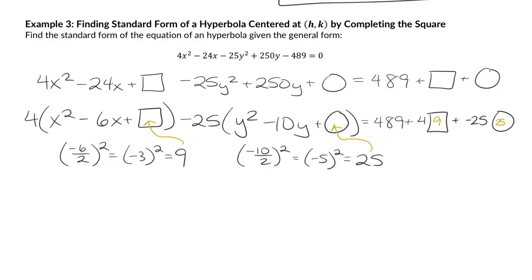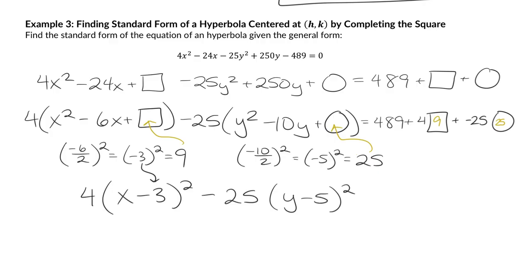Everything drops down. This is 4 times x minus 3 squared minus 25 times y minus 5 squared equal to everything from the other side. So in your calculator right now, you will do 489 plus 4 times 9 plus negative 25 times 25.